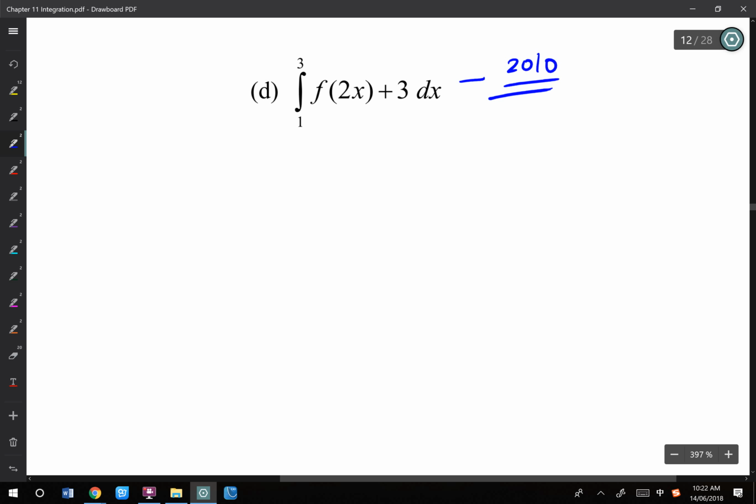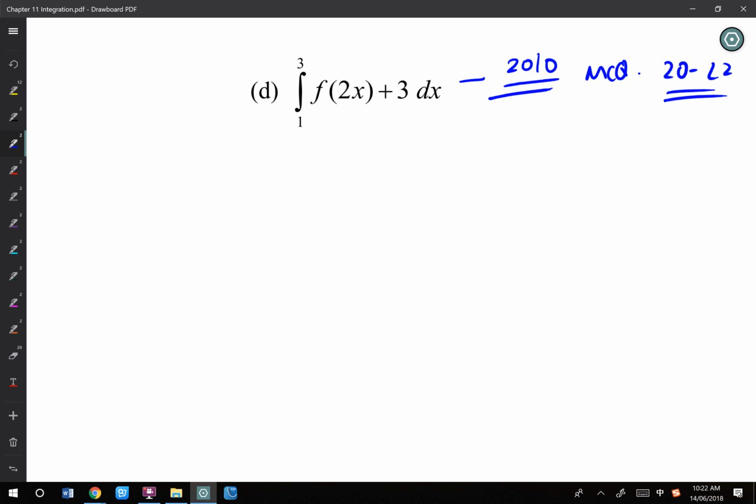I think it's the 2010 paper. Multiple choice, question 20 to 22 something, about that number. It's a really hard integral question and appears in a lot of company papers every year. You can see this is a really typical type of question.